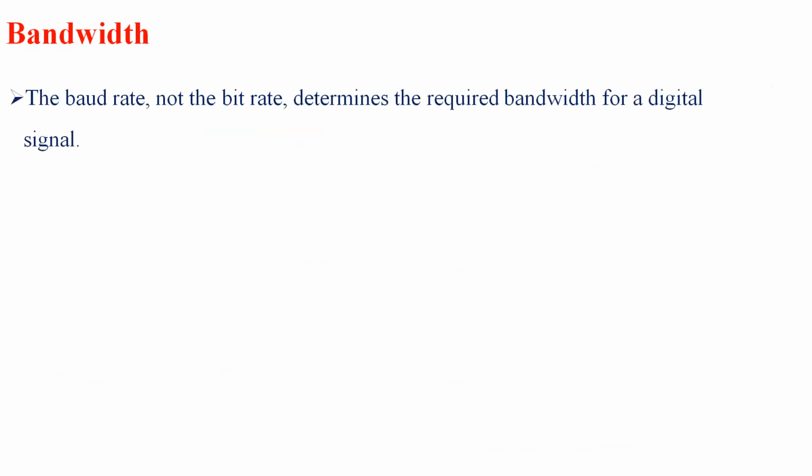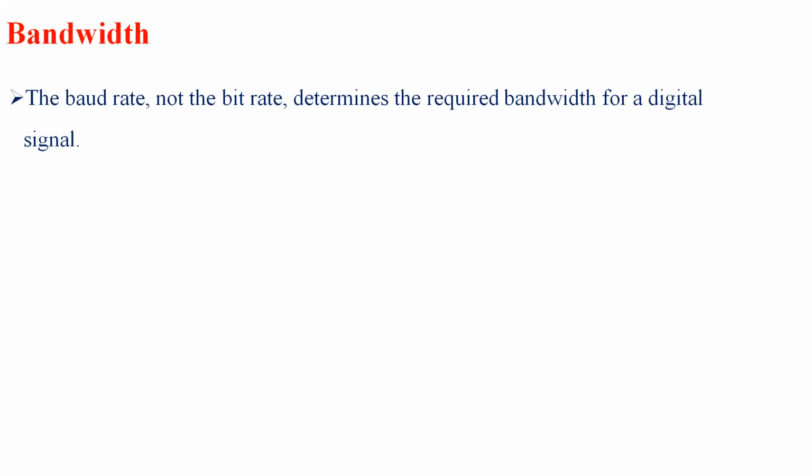What bandwidth actually says is that the baud rate is not a bit rate. Baud rate is different from a bit rate. Here the baud rate determines the required bandwidth.